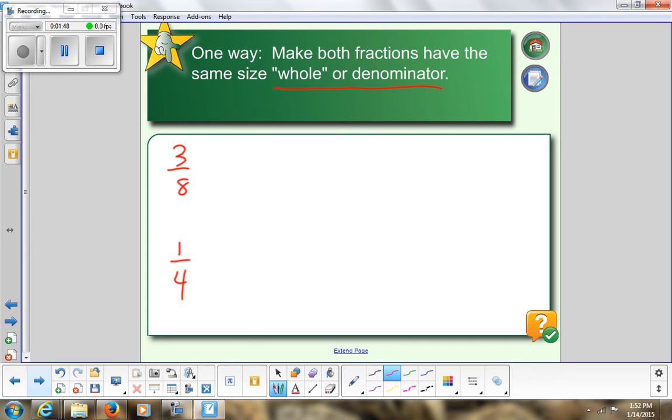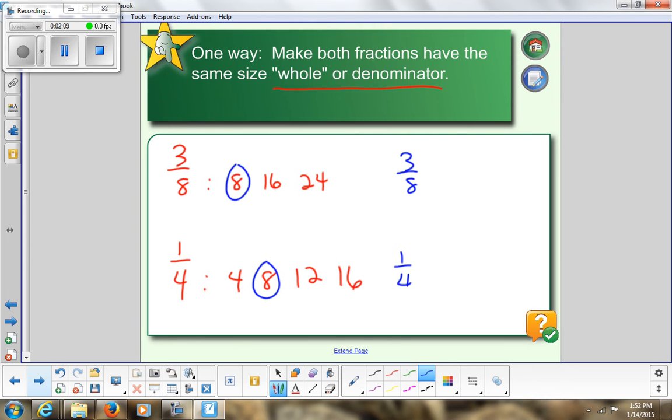common denominators. The first thing we do with common denominators is we find our multiples. This one can go 4, 8, 12, 16. Already we have the common multiple of 8. So 3/8 and 1/4 is going to go to 8. This is going to stay the same. 4 times 2 is 8.